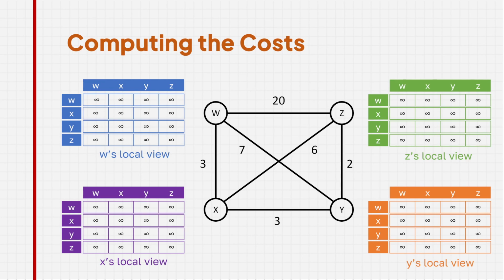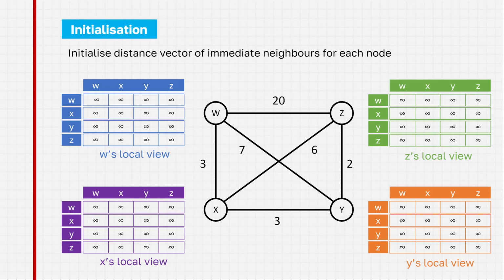So suppose in this question we want to initialize this in the formal way. Just now, in the formal way, just find what is the shortest path, right? So formally speaking, you will now have like 4 different local views, or in the lecture they just simplify this into just storing your own distance vector. But I like to keep it as a table because it's easier to compute each of the separate Bellman-Fords. So for local views, the first step is to initialize your distance vectors.